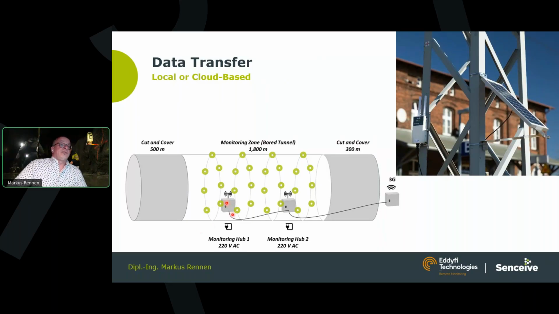Or in the case of tunnels where the telephone connection is not present, we might be able to communicate through the communication system of the tunnel, Wi-Fi or anything, the signal outside to a communication box where, for example, here it says still 3G, but today might be 5G systems via cellular signal. We can transport this data outside.